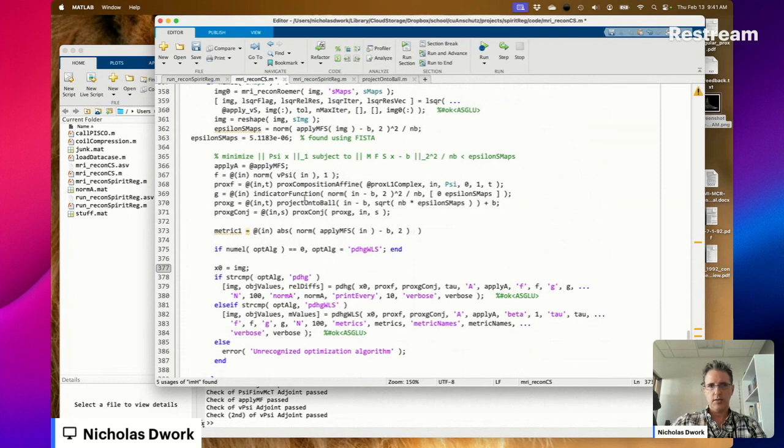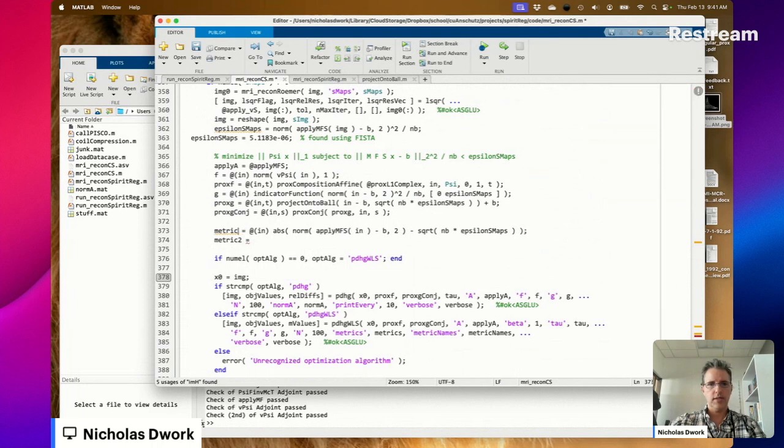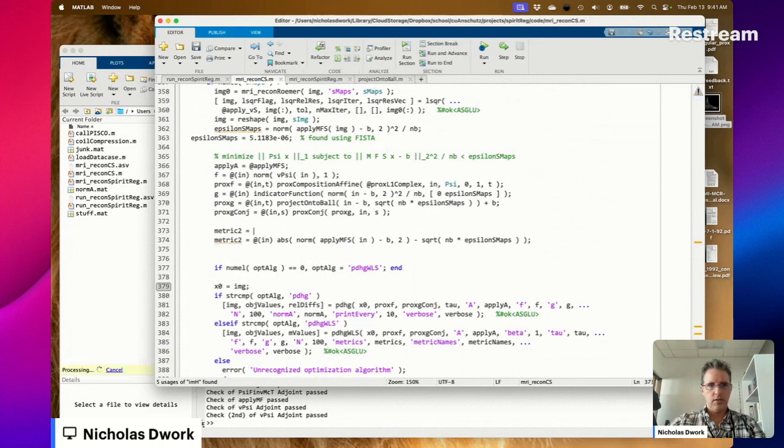Let's do this one after the projection, that minus that. Metric 2 is equal to, let's call that metric 2.